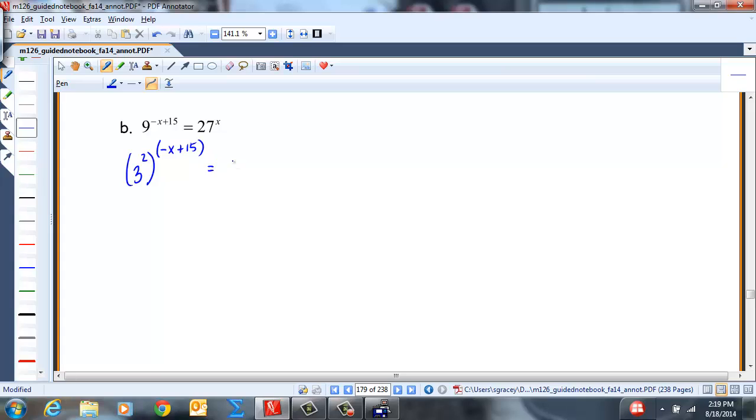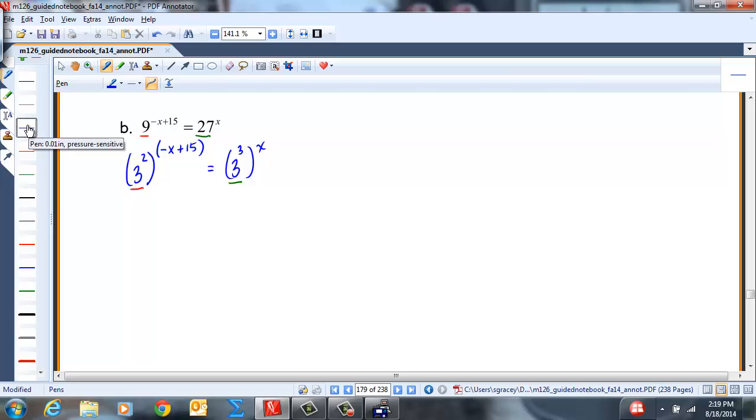And over here, do you see 27 is 3 cubed? And that's being raised to the x. So 9 is this one here, and 27 is this guy here.